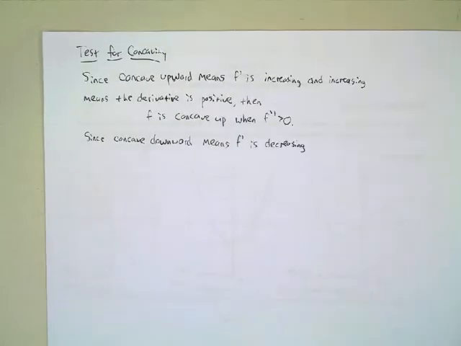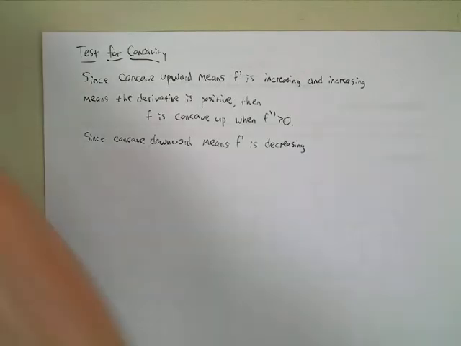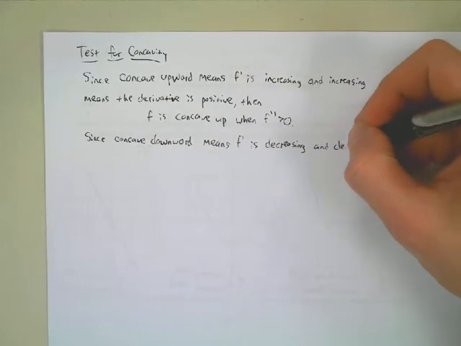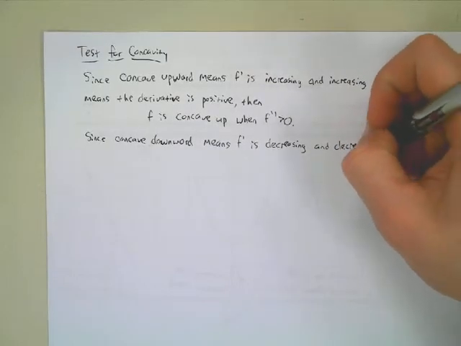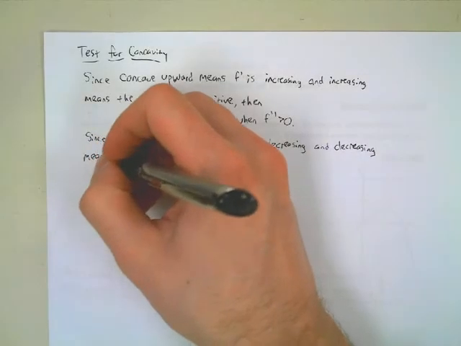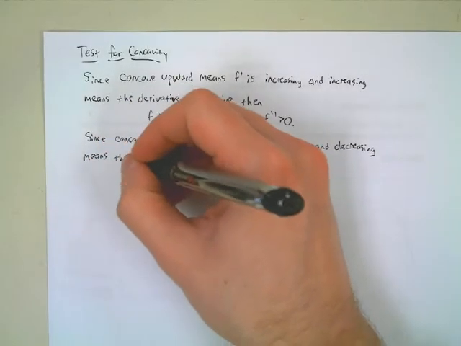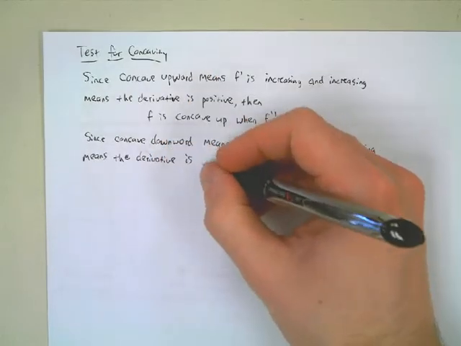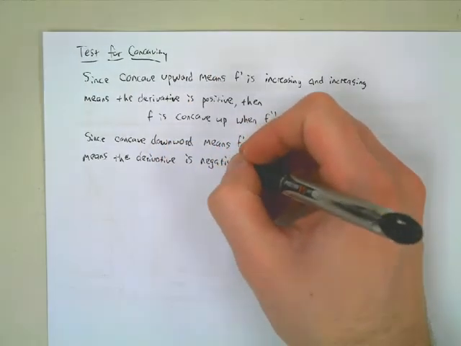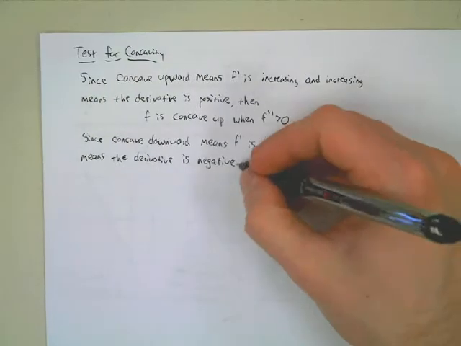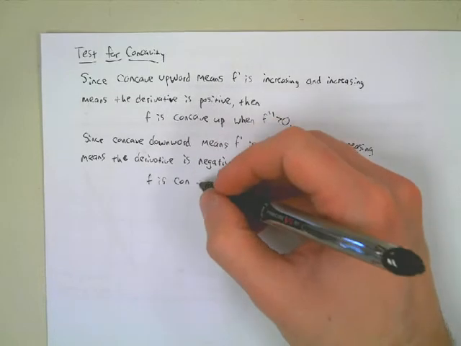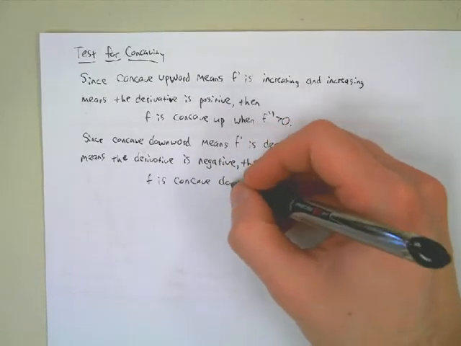So f prime is decreasing, and decreasing means the derivative is negative. Okay, then f is concave down when f prime prime is what? Less than 0. Very good.